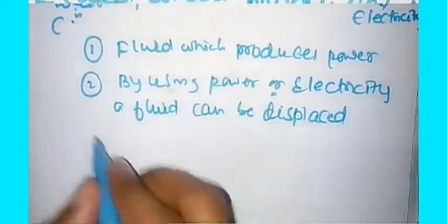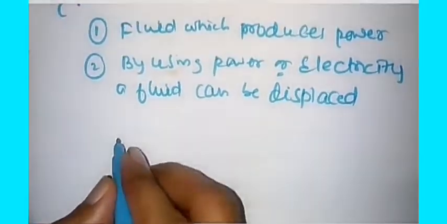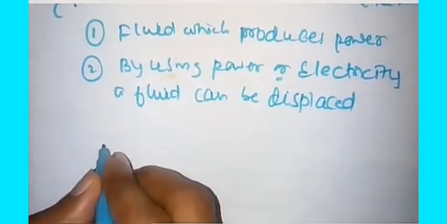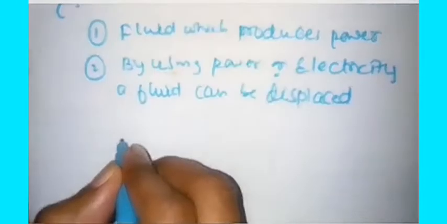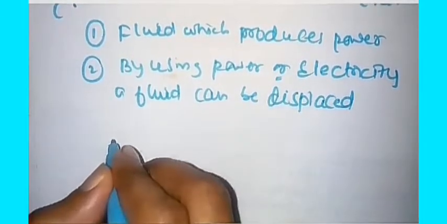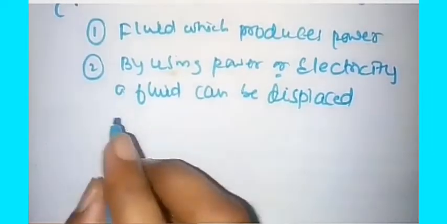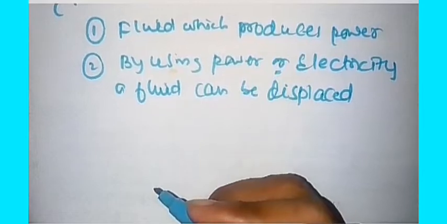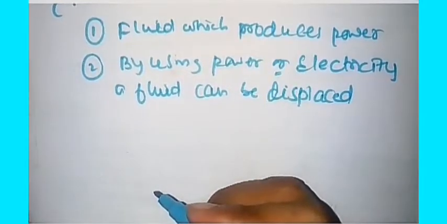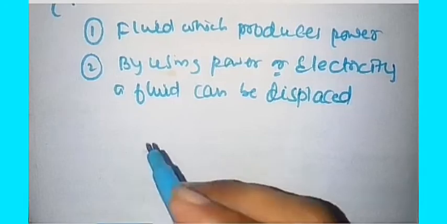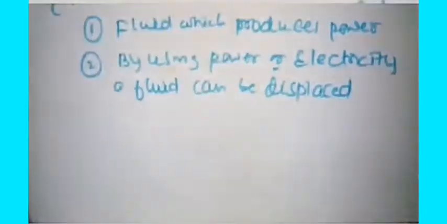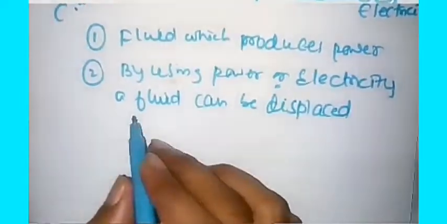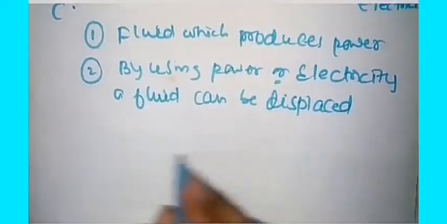For example, you might have seen in your houses, if you want to supply water from the ground floor to the first floor or second floor, basically what we are using is a pump. With the help of a pump, we can supply water from a lower head to a higher head. So by using power or electricity, a fluid can be displaced.